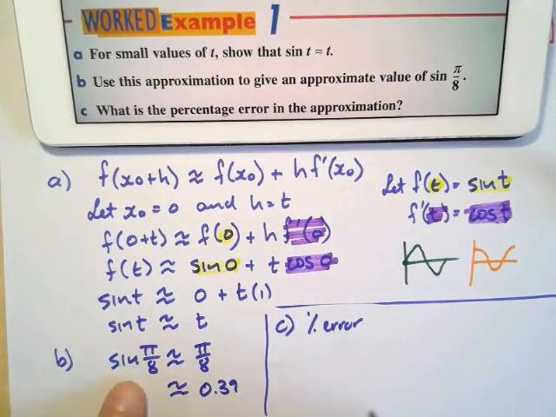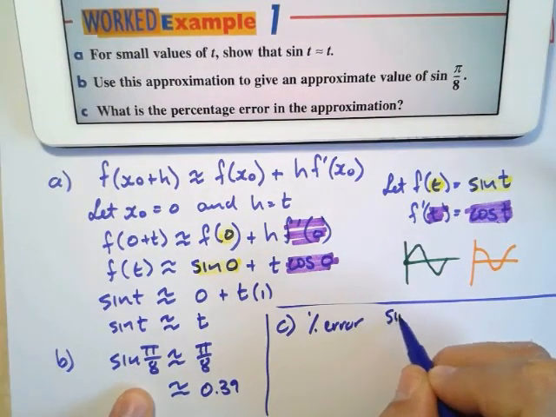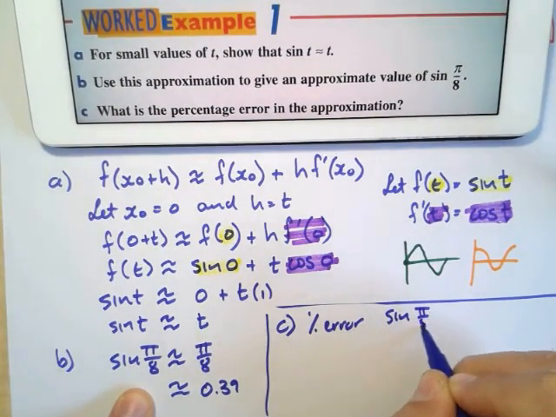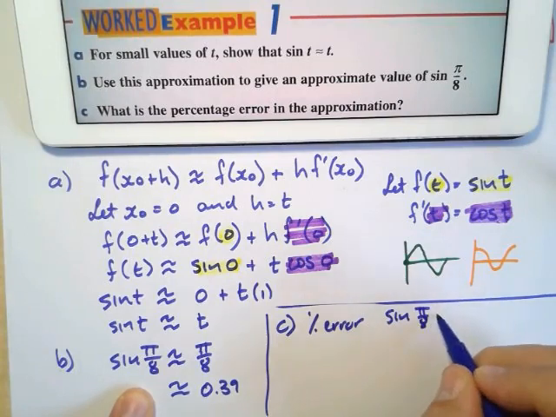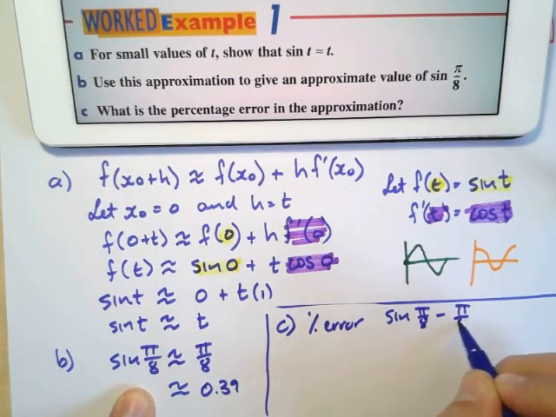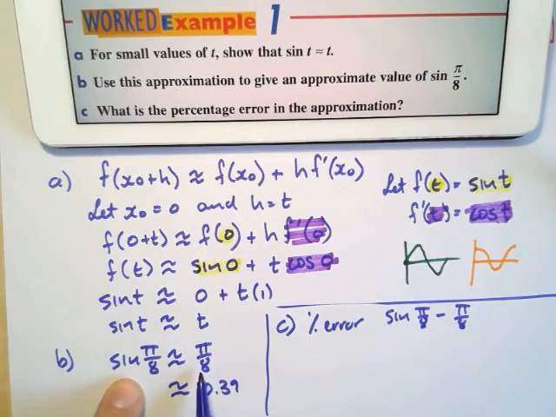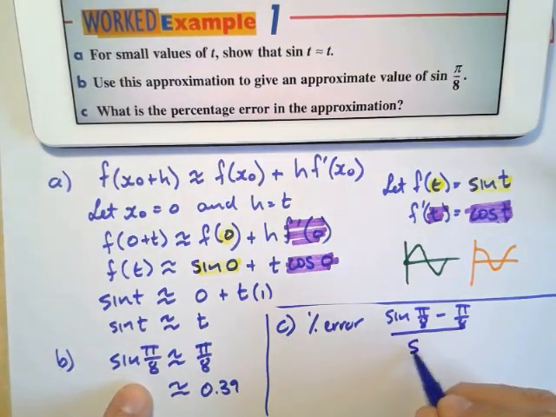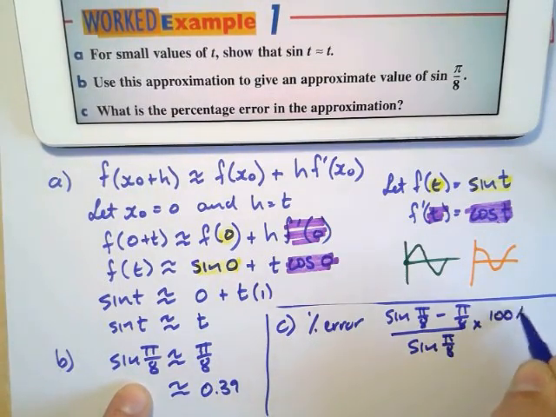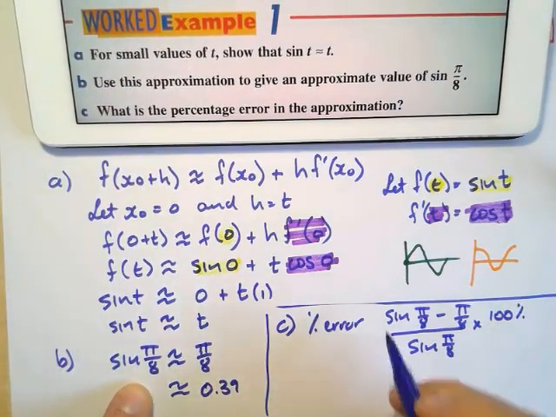In other words, the sine of pi over 8 take away pi over 8, divided by my original sine of pi over 8. And we're going to multiply that by 100% to get an answer. That will be my percentage error.